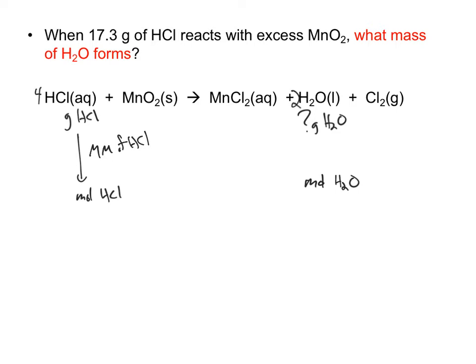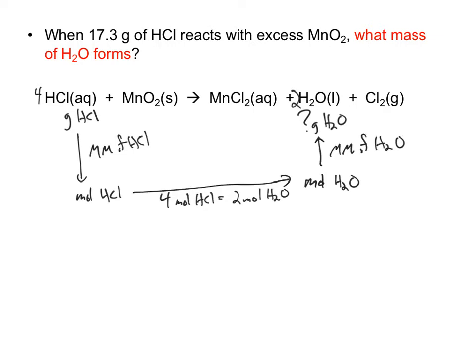Let's rebalance this. To go from moles of HCl to moles of water, I'm going to use that 4 moles of HCl, 2 moles of water, and then to go from moles of water to mass of water, now I just need the molar mass of water.